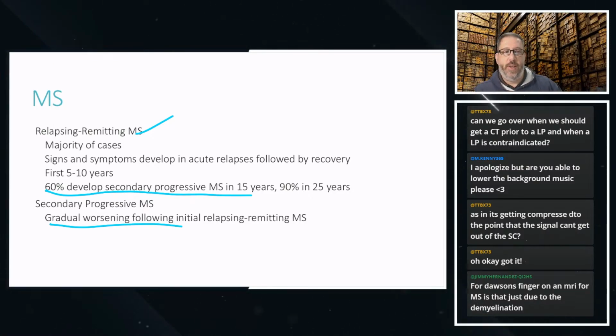And the Dawson's fingers are also usually only associated with MS. So if you ever see anything about Dawson's fingers, just know that we're mainly going to be talking about MS in that case.